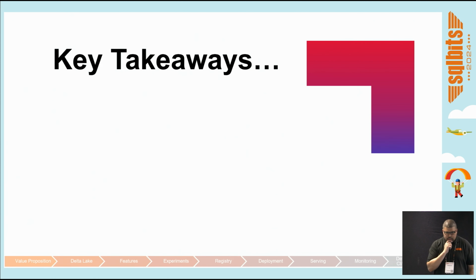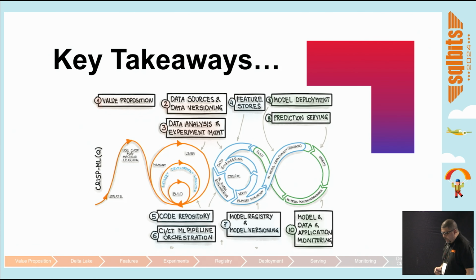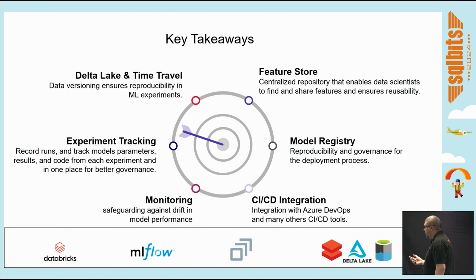So, with those key takeaways, I would like to leave some time for questions. We covered a lot today, right? We started at a very high level with what is MLOps and why we need it. Then we talked about data management, why we leverage Delta Lake, time travel and feature store to manage the different versions of my data.